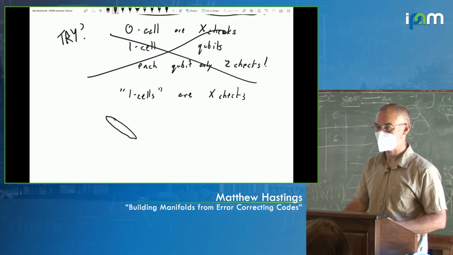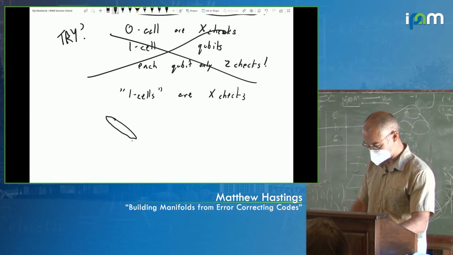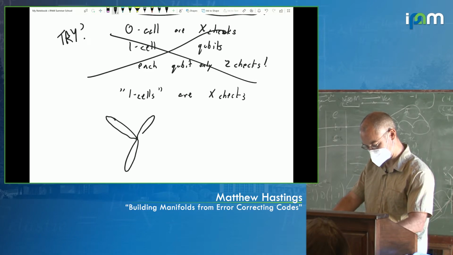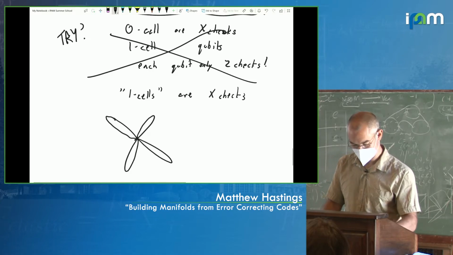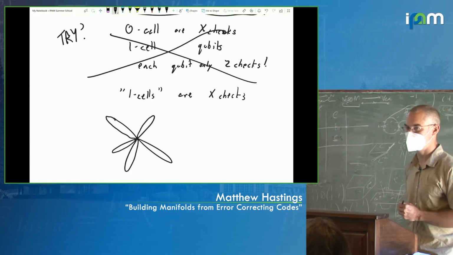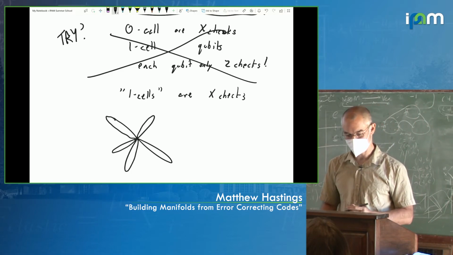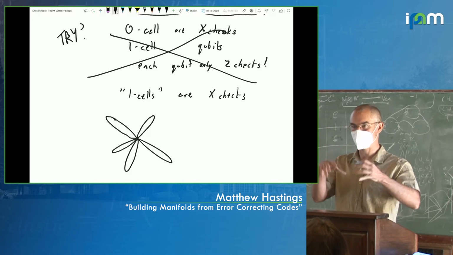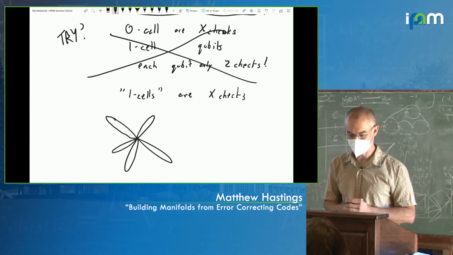Now, you might have tried to do this: for every X check, there's a circle, and we're going to glue them all together at a point. This will be the start of our construction. We'll have 1 cell per check, and then we're going to glue on some 2 cells for the qubits in some way to make the boundary right.